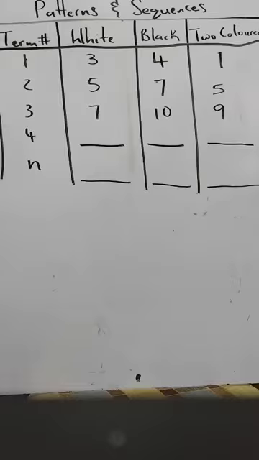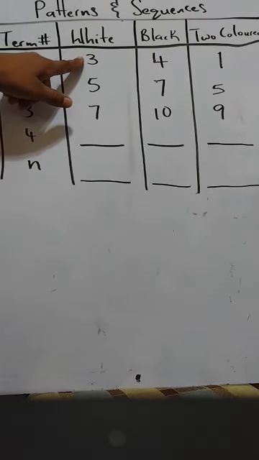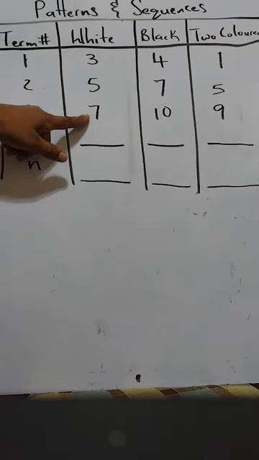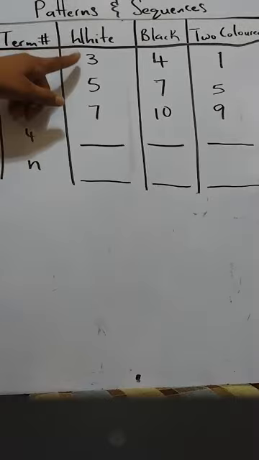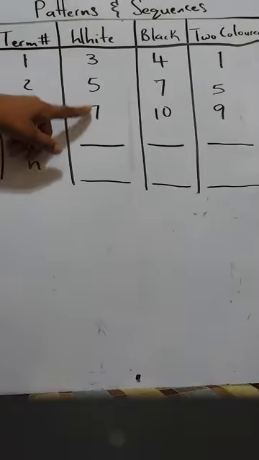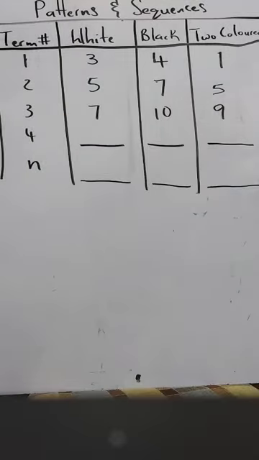When you look at this, you notice that we started out with 3, we went to 5, and now we're at 7. What exactly is happening here with this sequence? The question would be asked, what comes next?